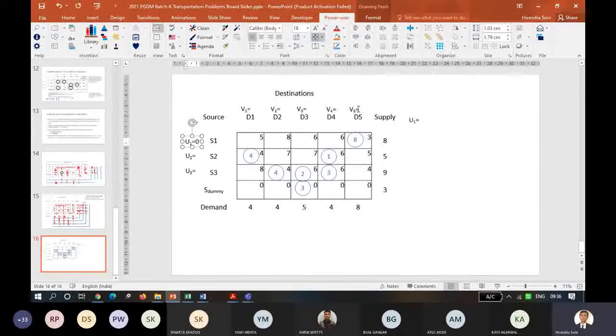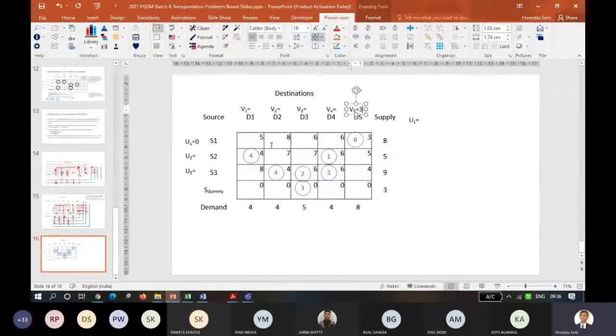So to get V5, I need to find out 3 minus 0. For allocated cells, this cost Cij is equal to Ui plus Vj. So 3 is equal to 0 plus x. What would be the value of x? 3. So we have got 3. That means if we directly do 3 minus 0, we get it.